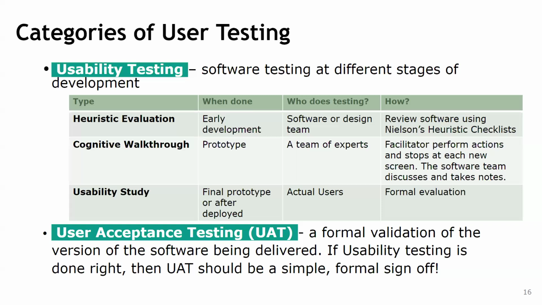The second one is cognitive walkthrough. So with cognitive walkthrough, again, this is a team of experts. It can be your UX designers, your product designers, your product owners, or any experts within the field of software design, where they will take the tasks which will be performed. So I'll make an example. If we are designing software that will be used at a clinic facility, there are tasks that are done within the clinical workflow.